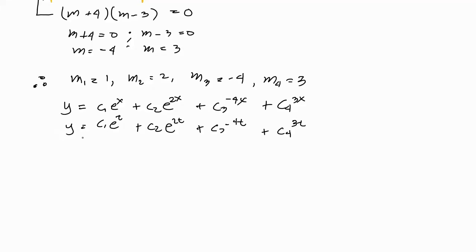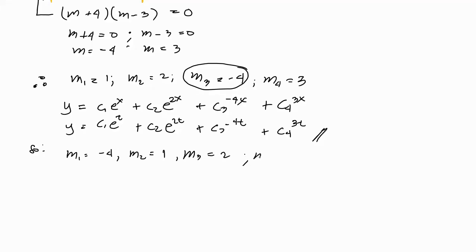Okay, so that's it. You can write it like this, or if you want to rearrange these, usually we set m1 as the lowest root. So you can also use m1 as negative 4, m2 as 1, m3 as 2, and then m4 is equal to 3.